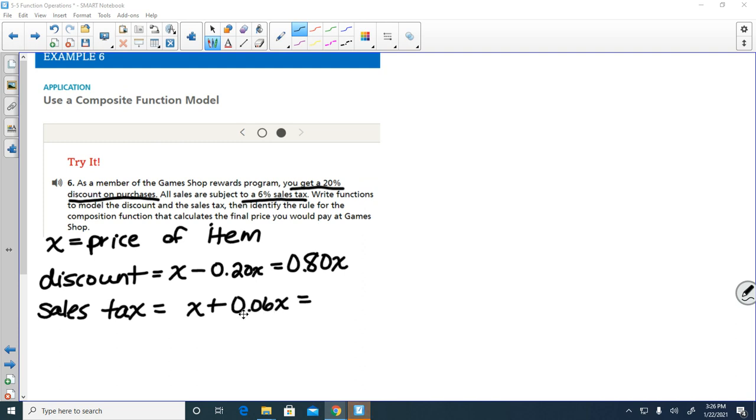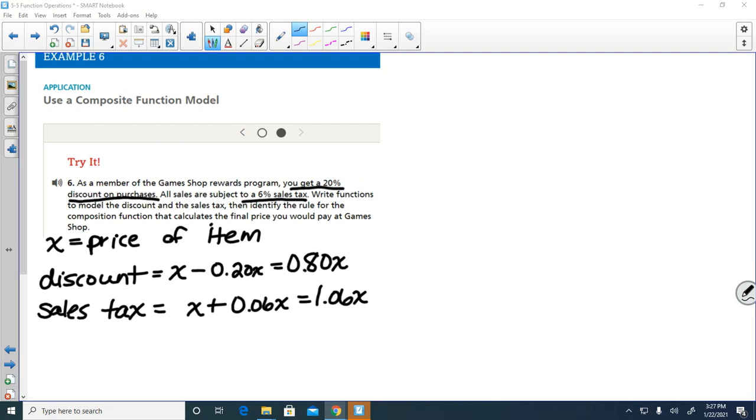So x plus 0.06x is 1.06 times the price of the item. So if I went into the store and I only got the discount but not the sales tax, I would use this formula. If I went into the store and didn't get the discount but only had the sales tax, then I would use this formula. The problem is I'm doing both. I'm getting the discount and then I'm having a sales tax put on.